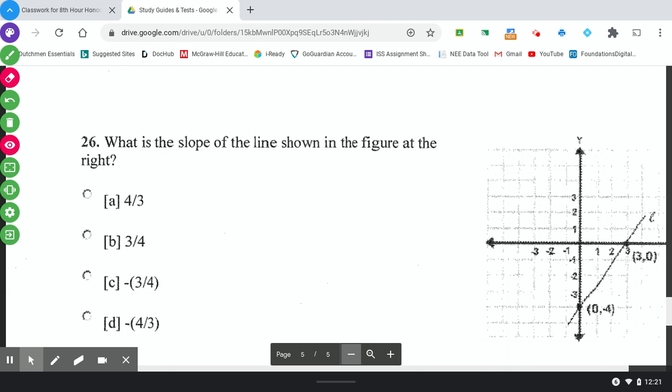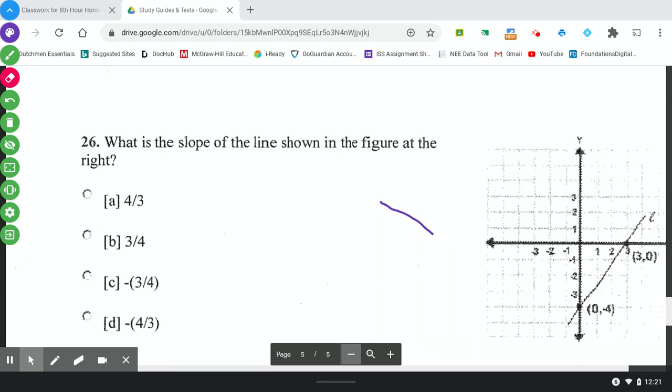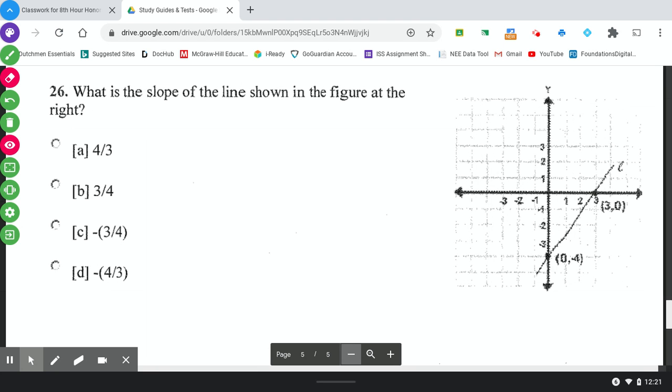For 26, they want us to write the equation of this line, or the slope of this line. And they gave you the actual points that you could plug into the equation, or you could just draw yourself a fun little triangle right here and count.